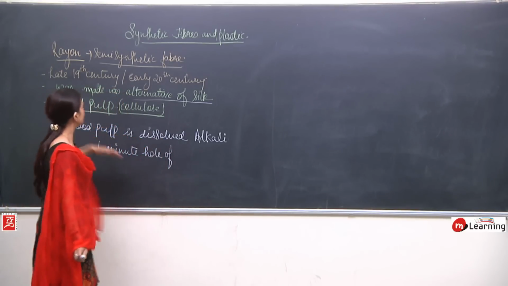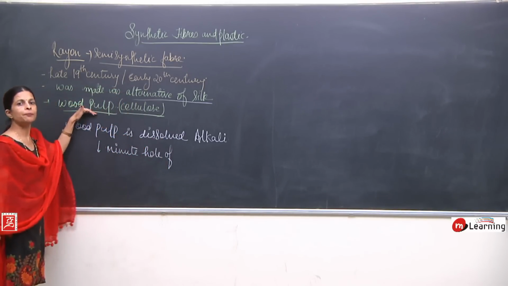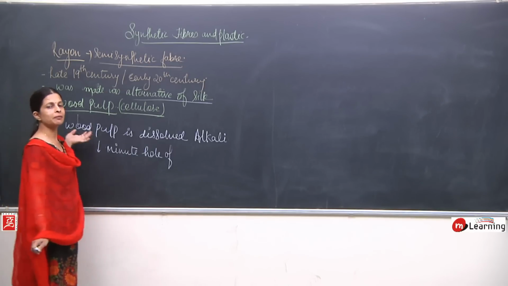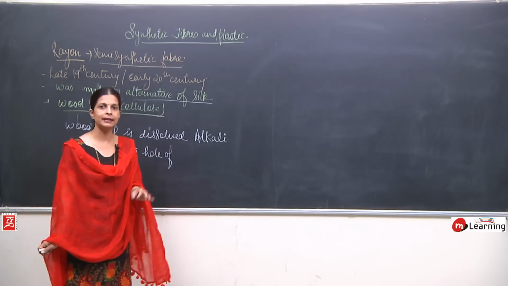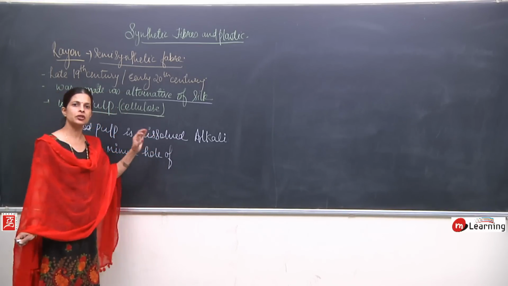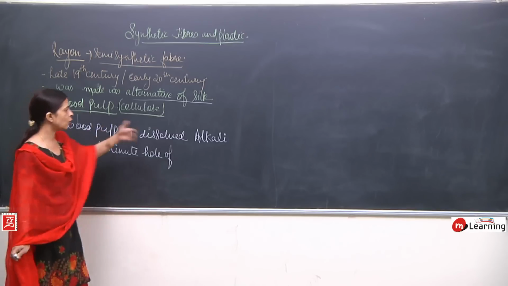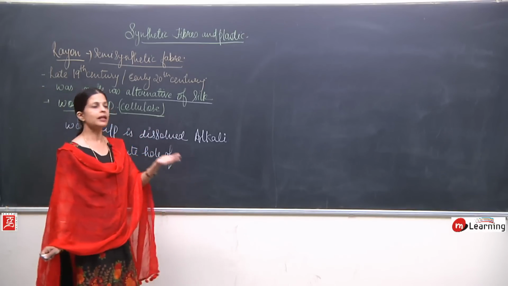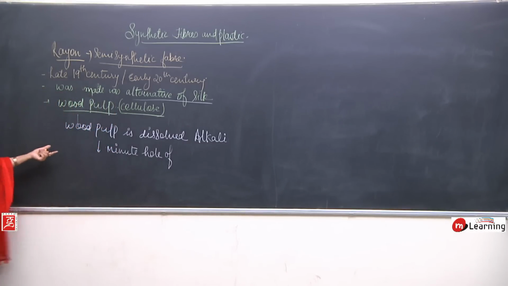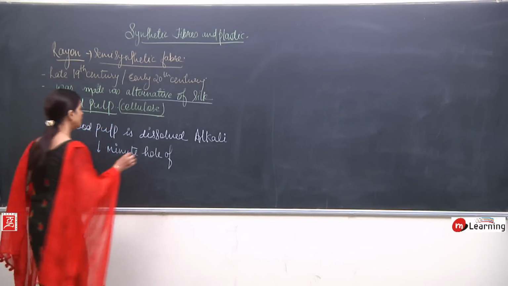It is made by using wood pulp. The cellulose of wood pulp is dissolved in alkali, and that solution is passed through these small holes of the spinneret.